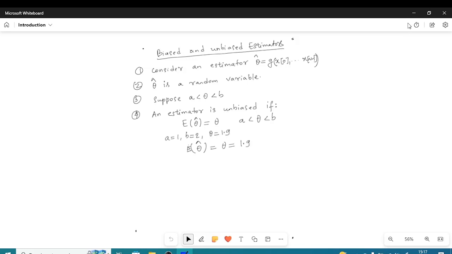now let's take an example to explain the above points. Let's take an example of an unbiased estimator.